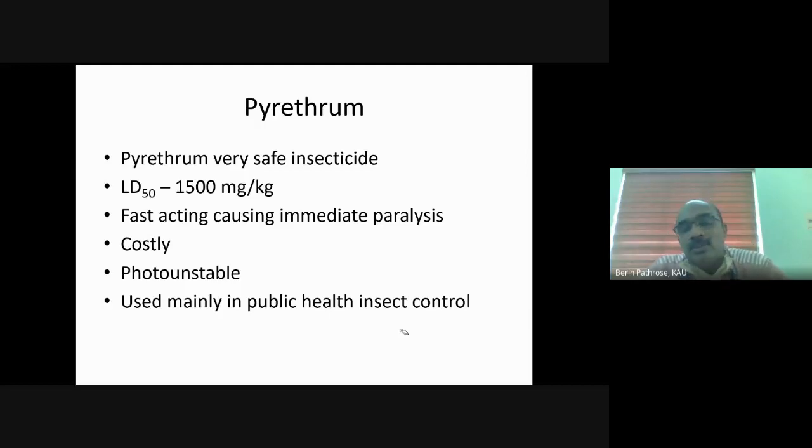It is mainly produced in Kenya, so it requires specific climate and weather parameters for its cultivation. In India, I think it is grown somewhere in Kashmir and so on. So the availability of raw material is low, hence it is extremely costly. Still, it is widely used in public health insect control because its mammalian toxicity is extremely low. So this is with respect to pyrethrins and pyrethrum.